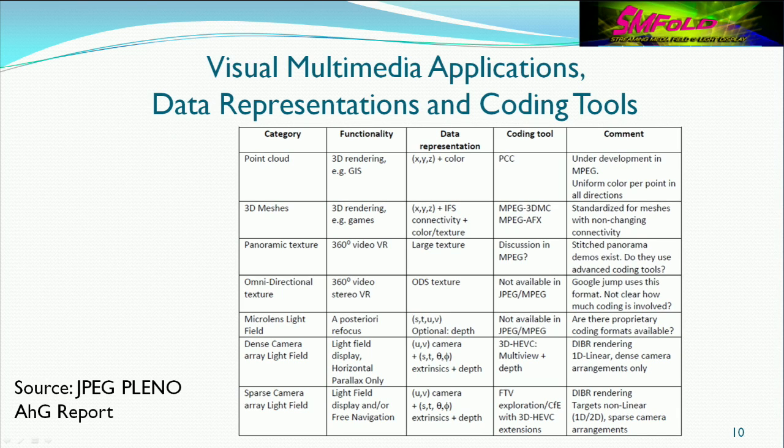This is also from that JPEG Pleno group. I'm not going to try and go through this. The point I'm trying to make here is this group has really done some very good thinking about how to categorize and organize some of the activities and categories of activity, and they put it together in categories and functionality and data representation and coding tools to try and get their arms around these various activities as kind of a starting point to try to tackle the problem, essentially.